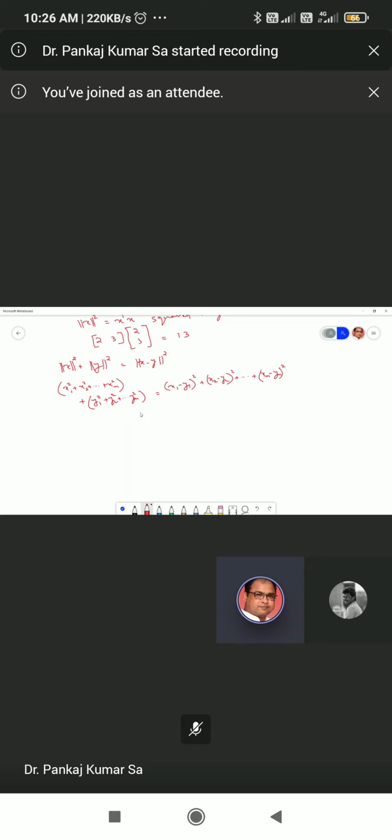Can I write this right hand side like this? Let me expand all this, a minus b whole square, in that form. So this becomes x1 square plus ... xn square, that is a square, plus b square, y1 square plus ... yn square, minus 2 times (x1 y1 plus ... xn yn).